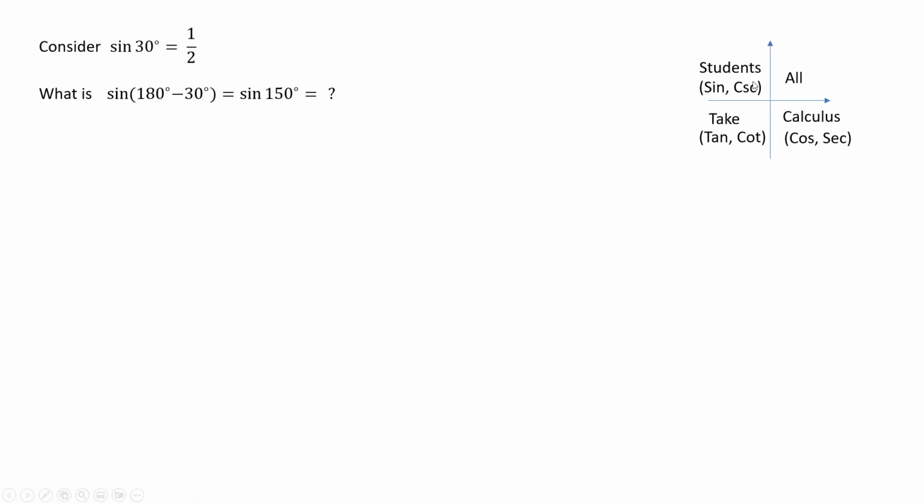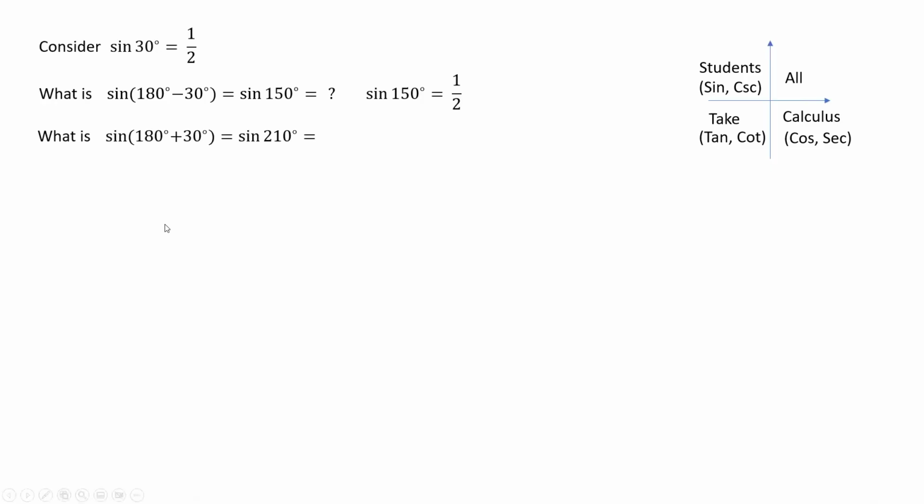That is, 150 degrees is clearly in the second quadrant where sine is positive. So the answer is sine of 150 degrees is also going to be positive 1/2. That's the big thing, right? The thing is, you already know this. I'm just trying to remind you of this. So going slowly. Good. What next?